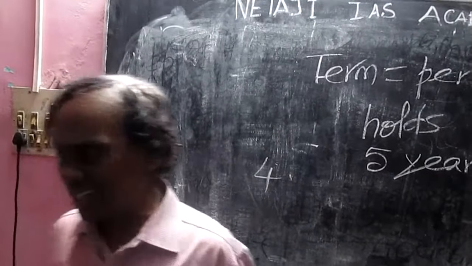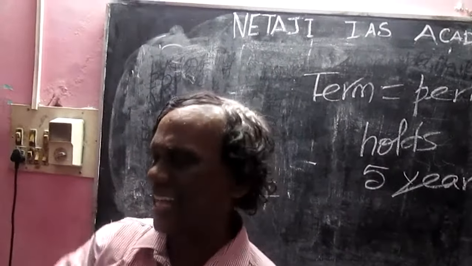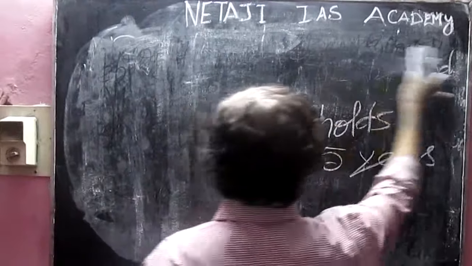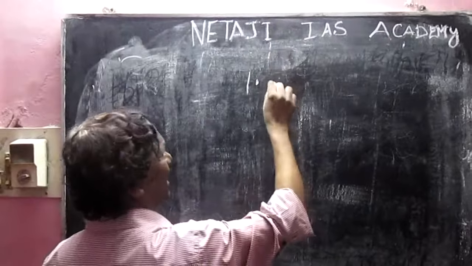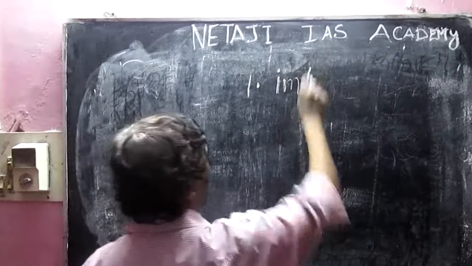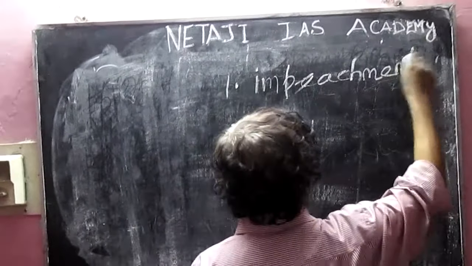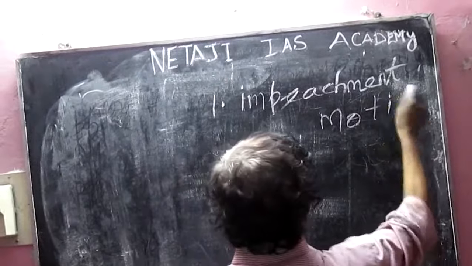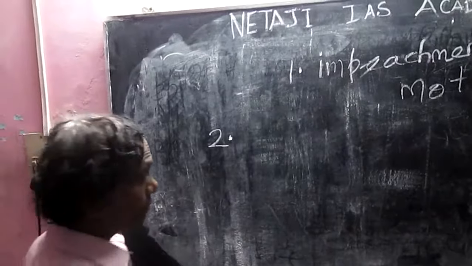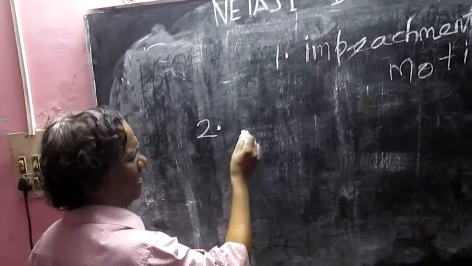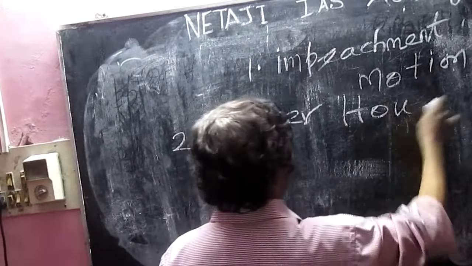Now we go to next portion. Procedure to remove the President. Put a title. Number 1. He can be removed by the Parliament through impeachment motion. Look at the board. The impeachment motion can be introduced in either House of Parliament.